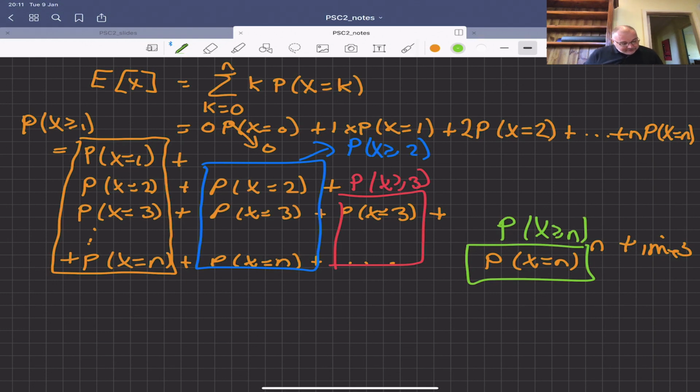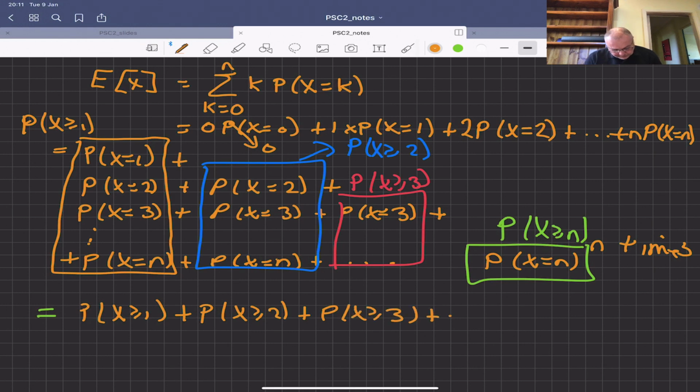If we now put this back together, what do we actually get? We have the probability that X is greater than or equal to 1, plus the probability that X is greater than or equal to 2, plus the probability that X is greater than or equal to 3, plus dot dot dot, plus the probability that X is greater than or equal to n.